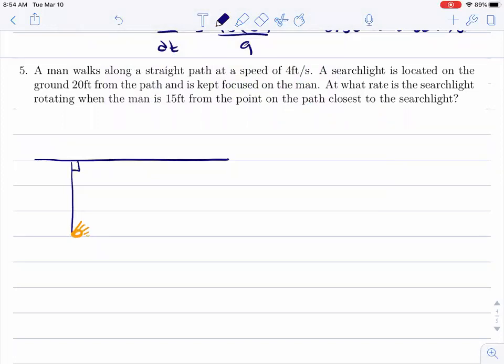And I'll put it at a right angle because there's no reason to think it's not. And here, that's 20 feet away. And the guy is walking somewhere here. He started presumably on the path and he's right above the searchlight. And then he's moving out this way in this direction at 4 feet per second.